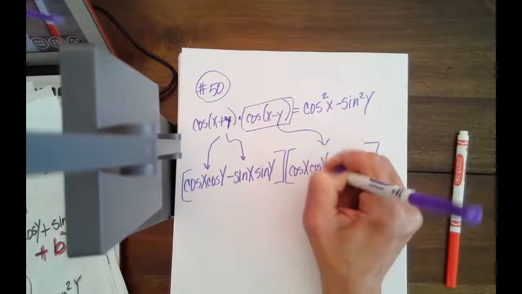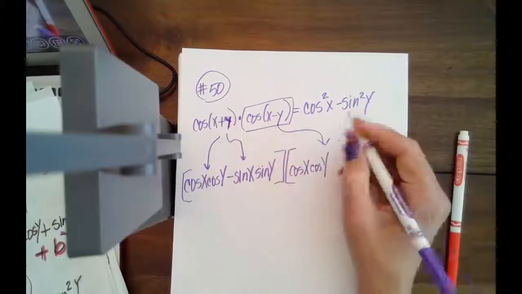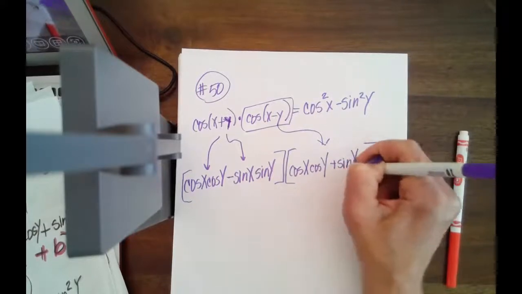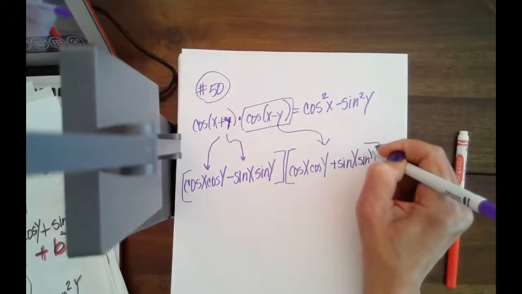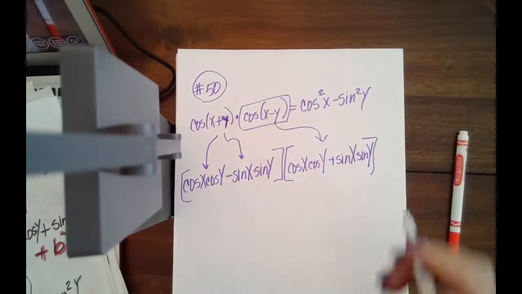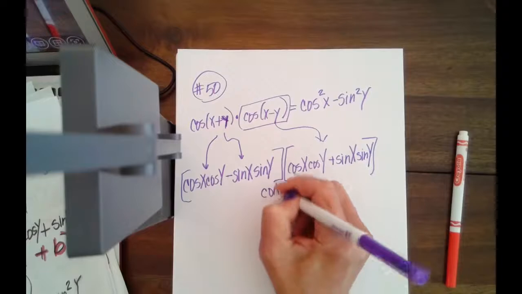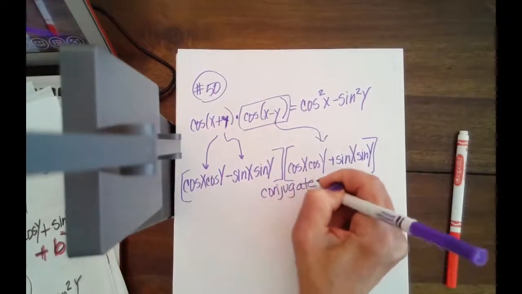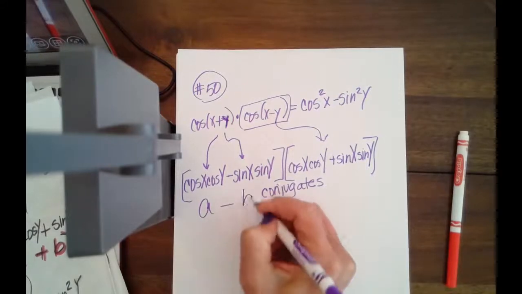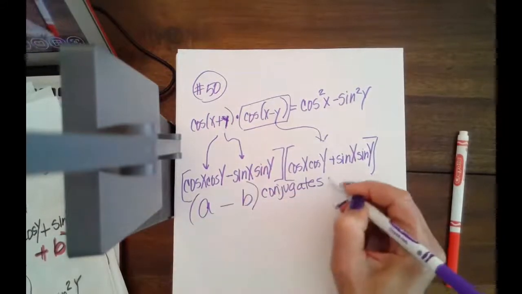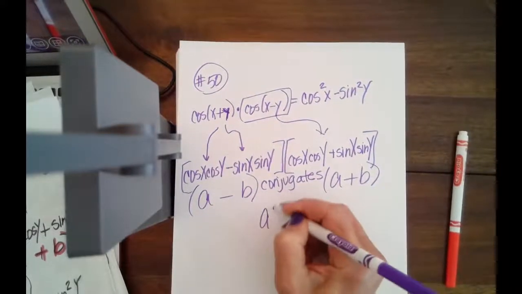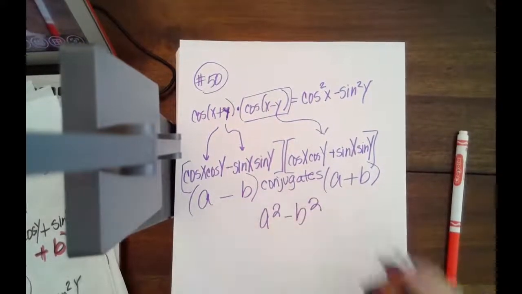I'm just following the difference formula there, plus sine of x times sine of y. Now I want you to look at this for a minute. Zoom out for a second. Think about this as conjugates, because that's what they are. You can look at it like a minus b times a plus b. They're conjugates, and that's always going to leave you with a squared minus b squared.